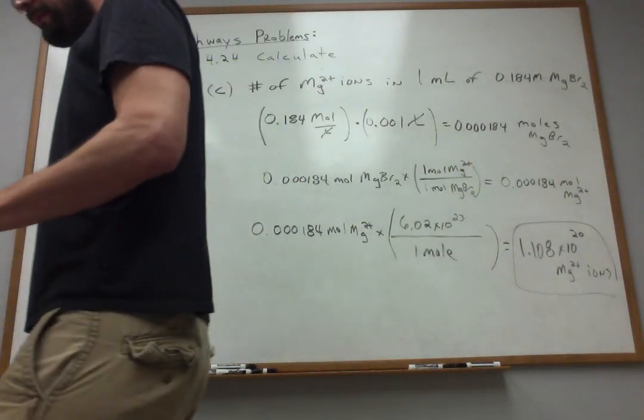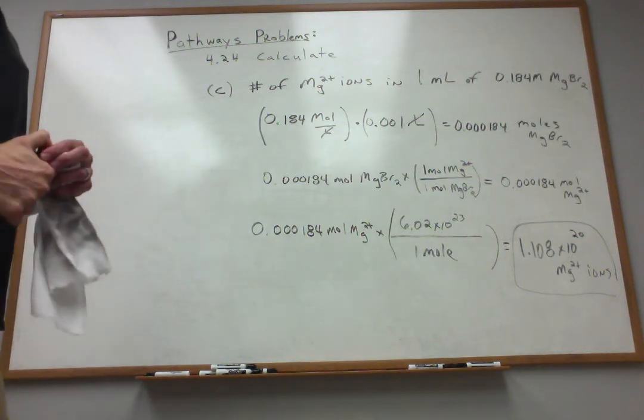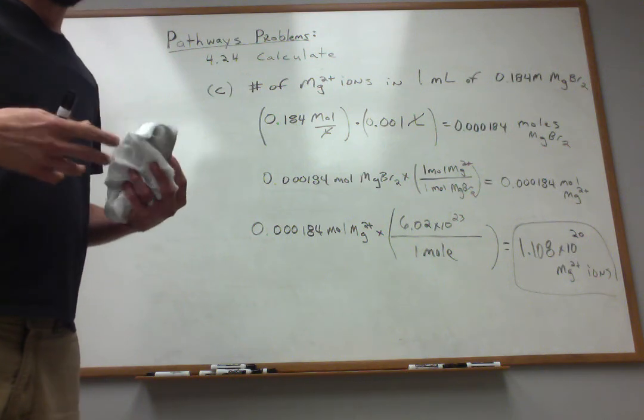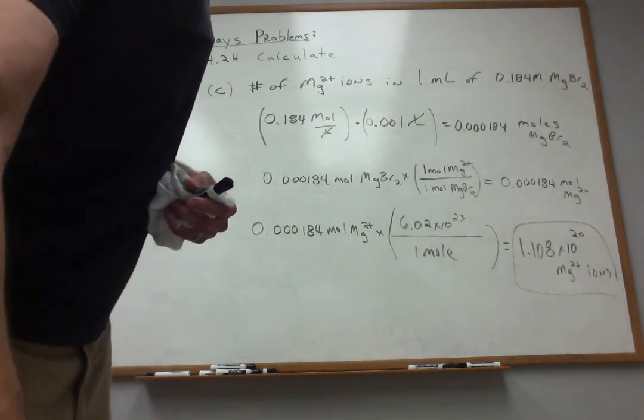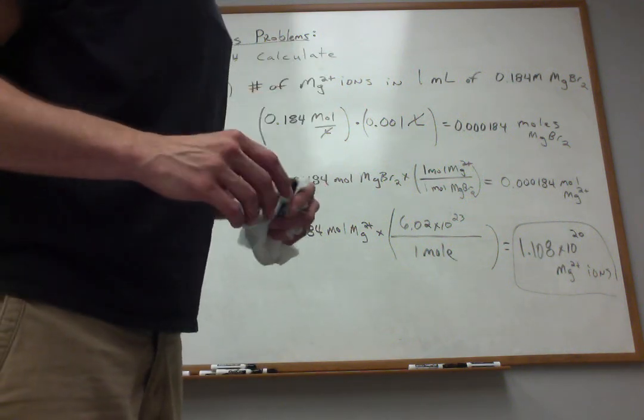That's how many ions are present in 1 milliliter of this solution. All right, so that was a really fun problem because it really connects a lot of ideas together. If you can get good at these types of things, this molarity concept, you should have down.